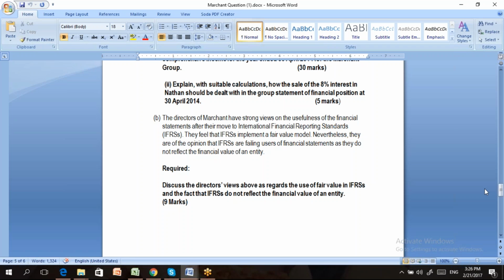Right, so now the question is, they feel that IFRS implement a fair value model. Now we must understand what a fair value model is and what the other model is, if at all.